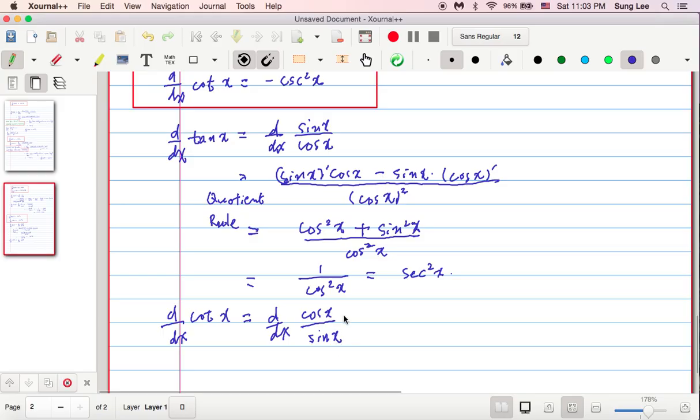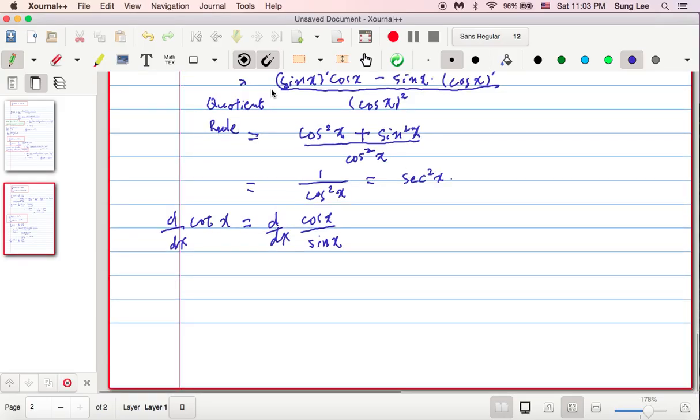So by quotient rule again, that's cosine of x prime times sine of x minus cosine of x times sine of x prime, all over sine x squared.